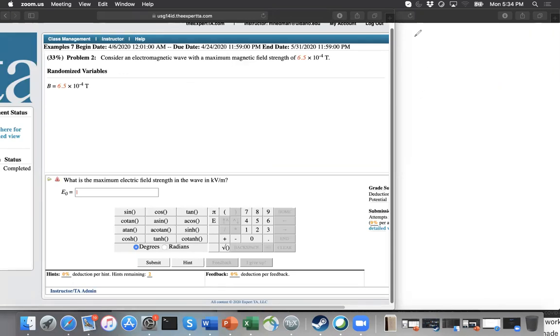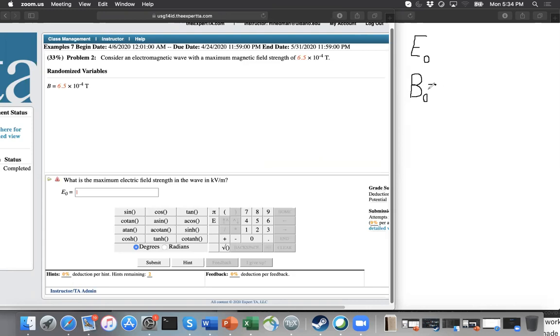We're looking for the electric field's strength, the maximum, which is the amplitude, which I will call E naught. What do we know? Well, we know the maximum magnetic field, which is given as B, but I'm going to write it as B naught just to be clear on this.